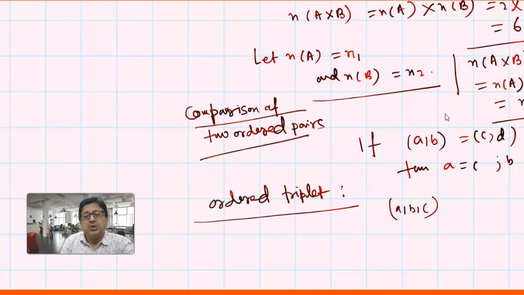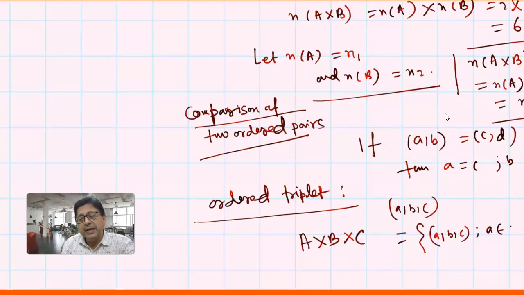So if we write set A cross set B cross set C, then this will give us ordered triplets in this manner (a, b, c), where a belongs to the first set, b belongs to the second set, c belongs to the third set. So the ordered pair and ordered triplet concepts are understood.